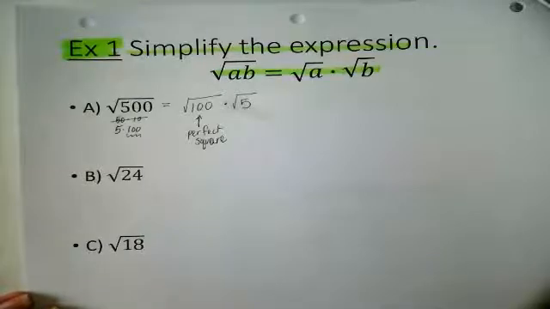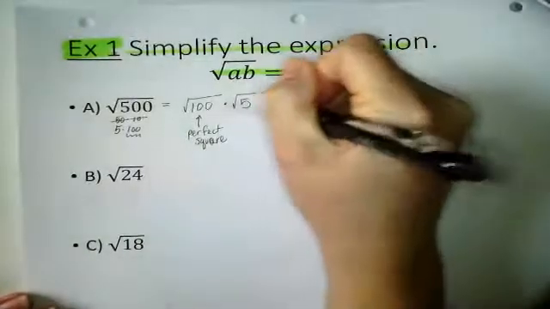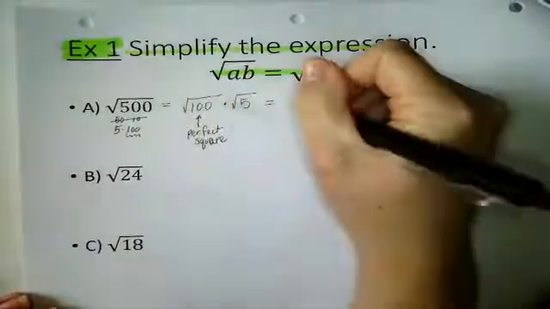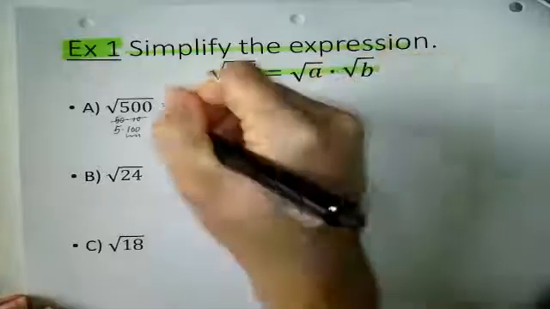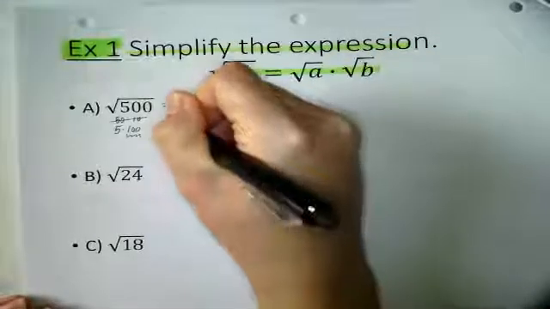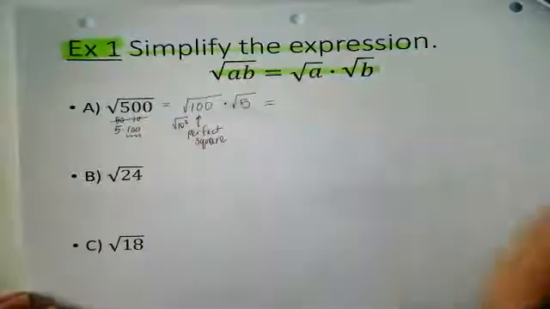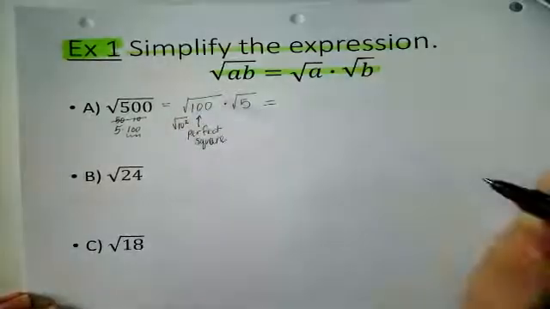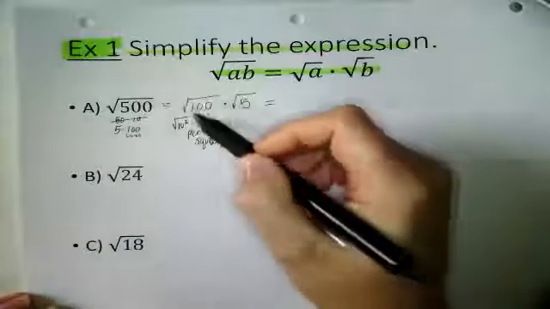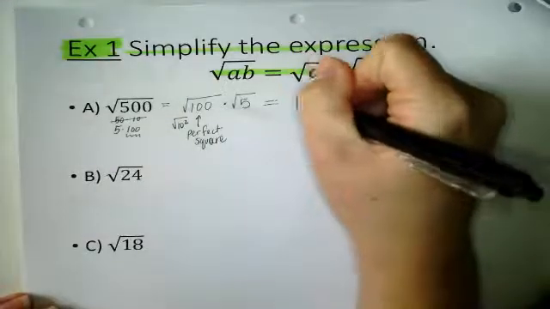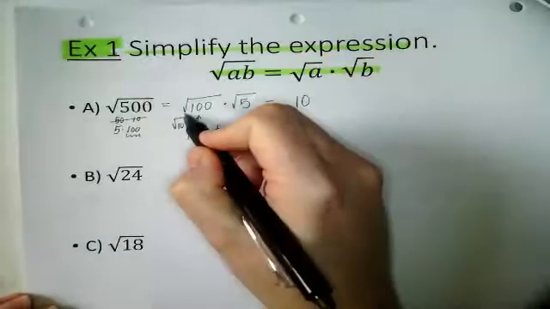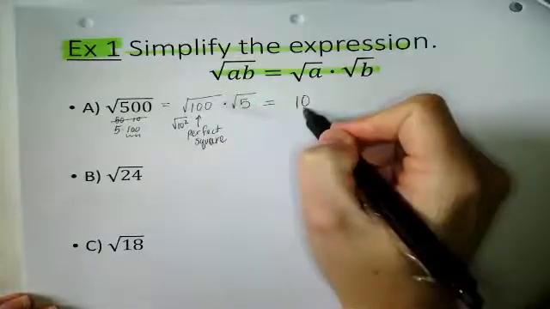And if I know that 100 is, well, 10 squared, so 100 is the same as 10 squared. And if I just told you, hey, the square root and the square cancel each other out, well, what is the square root of 100? The root is 10. The square root of 100 is 10.